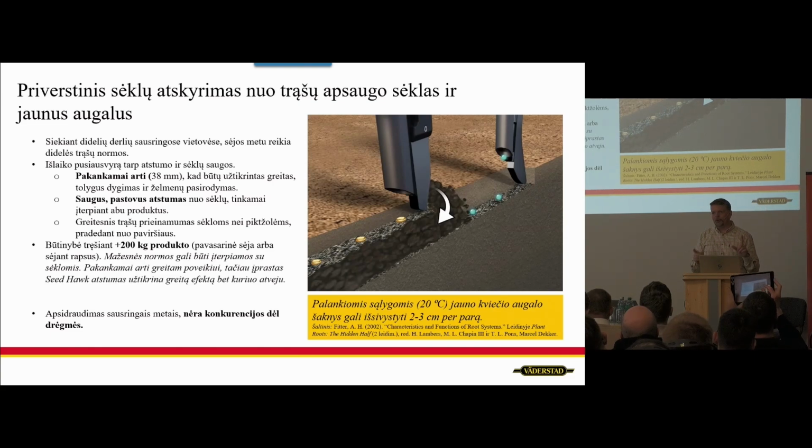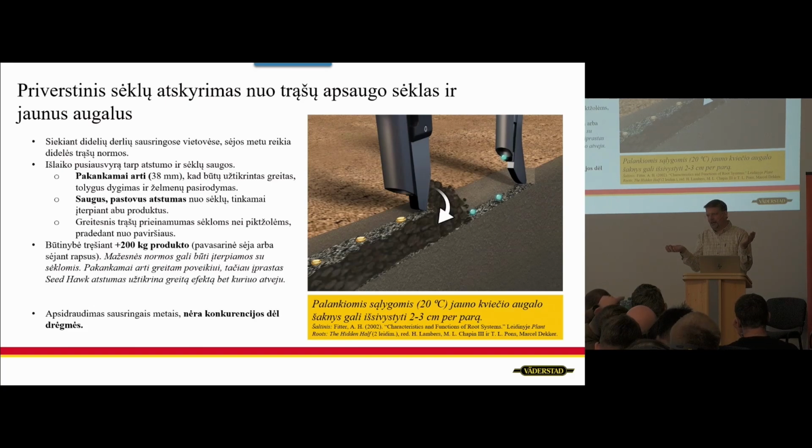So this means in optimal conditions, you are roughly 1.5 days from the seed germination until it comes to the fertilizer depot. If we look at less optimal conditions, in a spring when it may not get that warm, you can double that. But that's about the time range we're speaking about for the seed to get to the fertilizer, roughly. So just to have that idea a little bit.